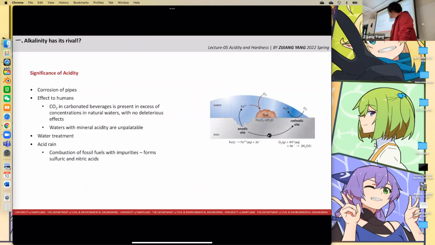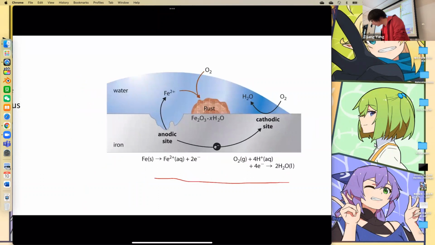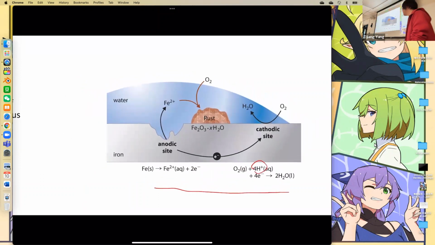So acidity is also important because it is related to the corrosion of the pipes. So it is similar to alkalinity. And as we mentioned before, in the water and in the pipe, the concentration of H plus determines the reaction direction of the corrosion.